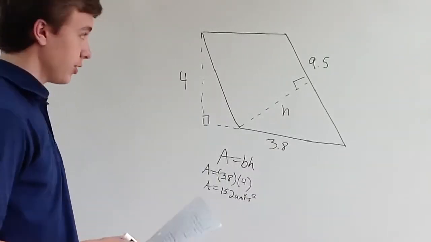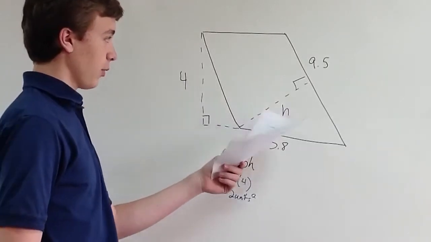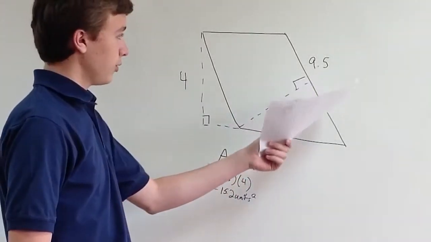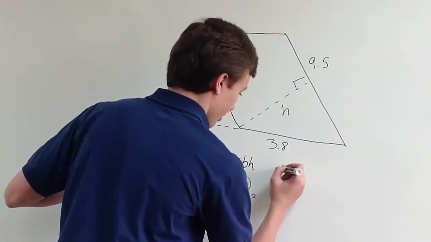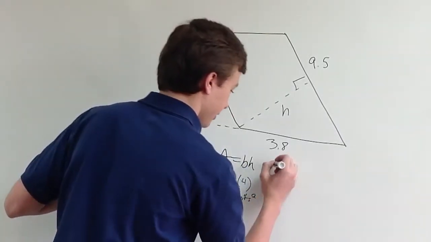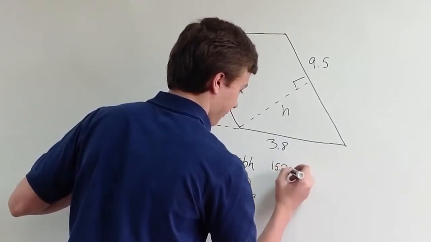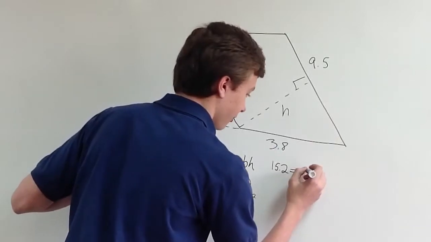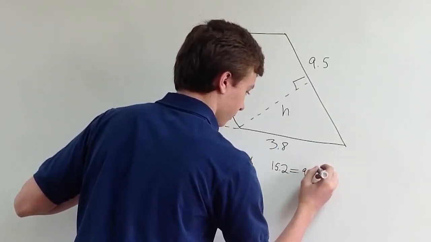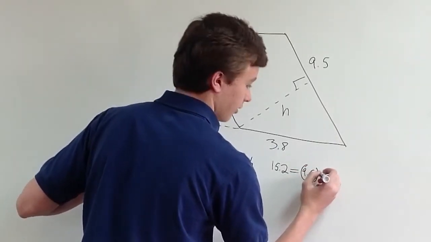Now, to solve for h, which is the height or altitude, we can use the base 9.5 and we just plug in our numbers. So we know the area is 15.2 equals the base, which is 9.5, times the height.